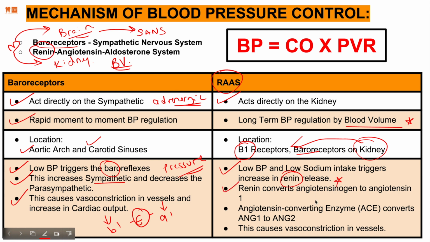Renin then converts angiotensinogen to angiotensin 1. Angiotensin converting enzyme converts angiotensin 1 to angiotensin 2, and this causes vasoconstriction in the blood vessels. Wow. So this was a very oversimplification of the process. We will take a look at how that works. But for now, let's write down these steps in our notes so we're used to the terms: angiotensin, angiotensinogen, converting enzyme, renin. These words will come up in the next few slides.